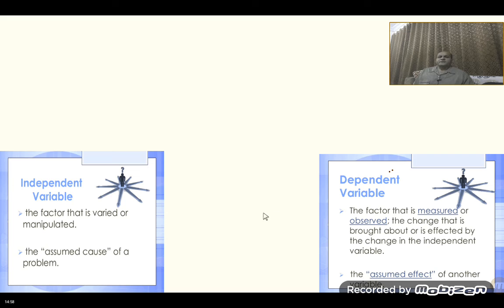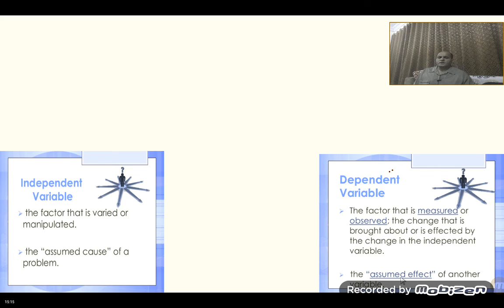Okay, and similarly v was depending upon the other three variables. The change that is brought about is affected by the change in the independent variable, as already discussed with you in the previous example.